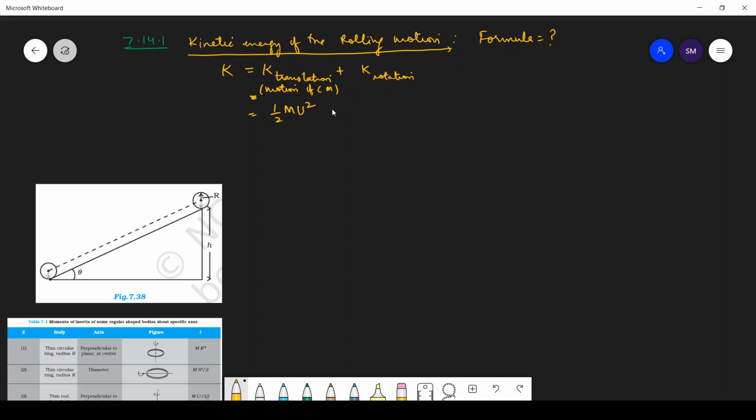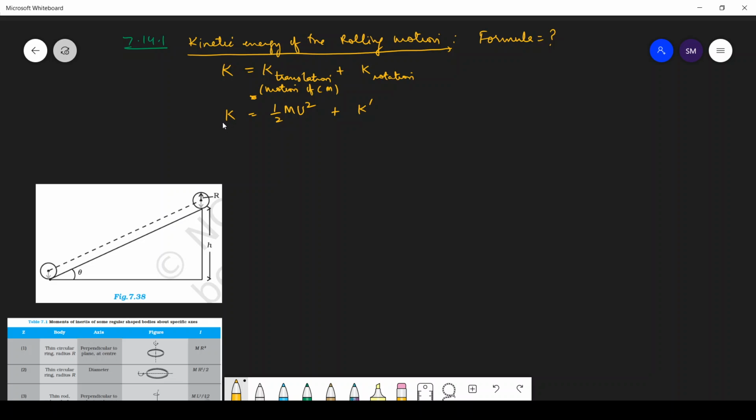Plus the kinetic energy of the rotational motion about the center of mass, which we write as K dash. So that's my total kinetic energy of the system of particles.